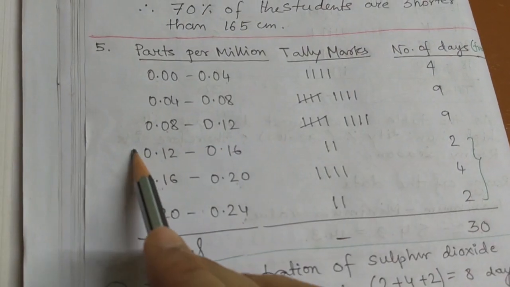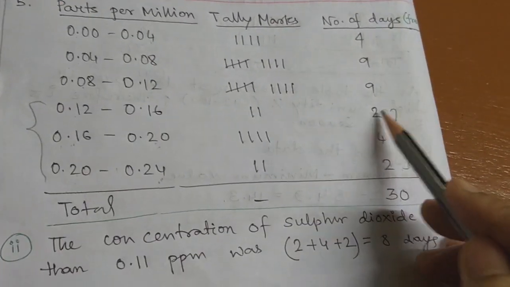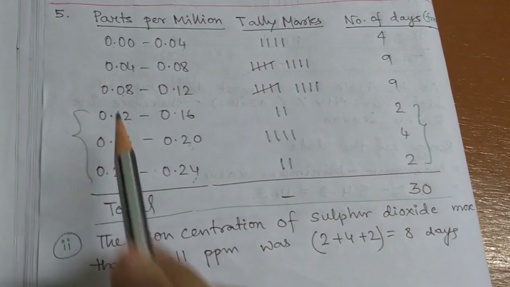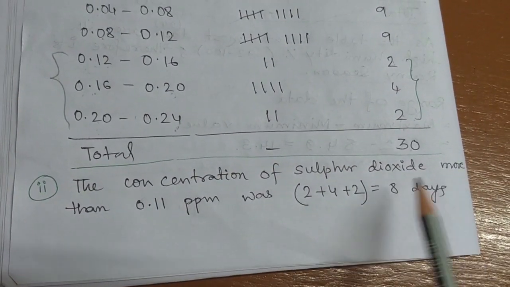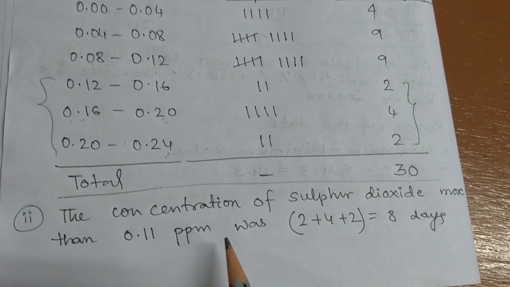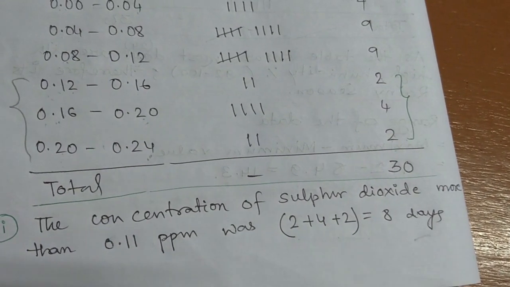So this part is greater than 0.11. So these are the days 2, 4 and 2, okay, where concentration was more than 0.11. So the concentration of sulfur dioxide more than 0.11 ppm, that is parts per million, 2 plus 4 plus 2, that is 8 days.